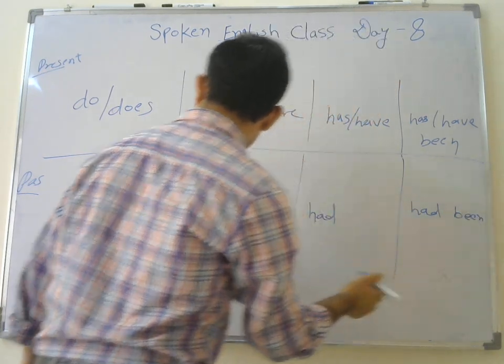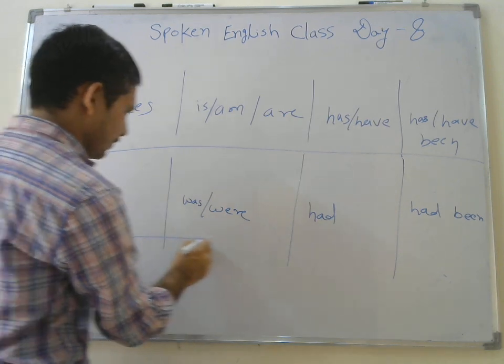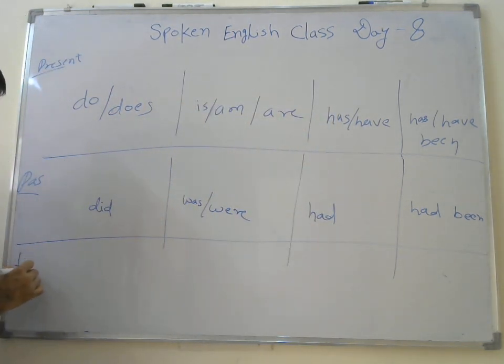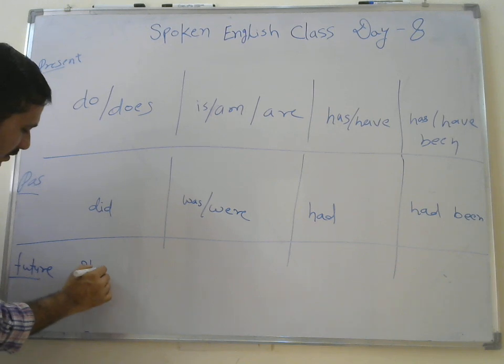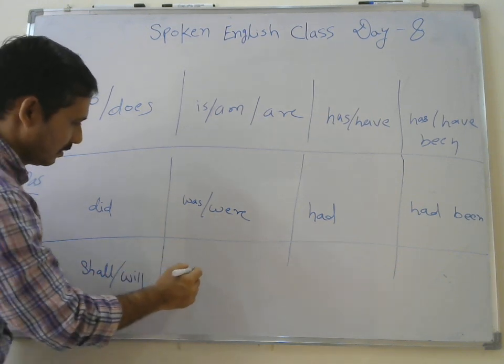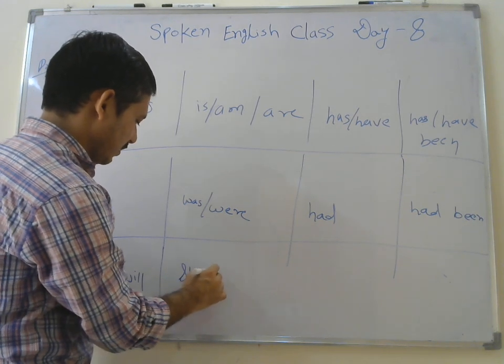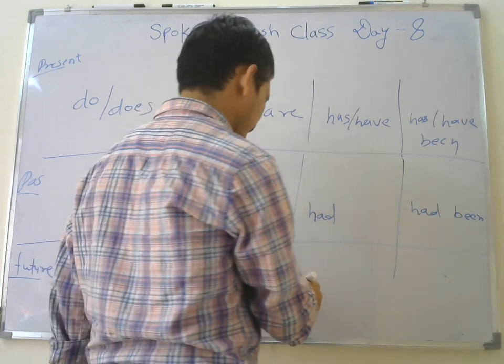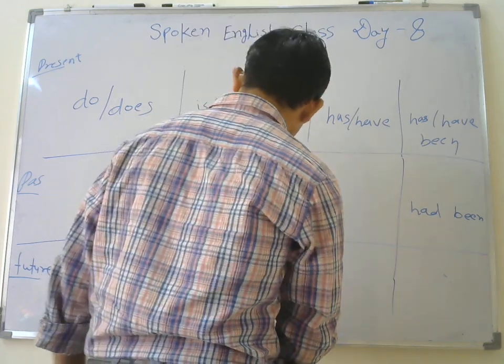Right, friend? I hope it's clear. And in the future, what will we be using? Shall or will, same thing. Shall or will, the same helping verb will be used.